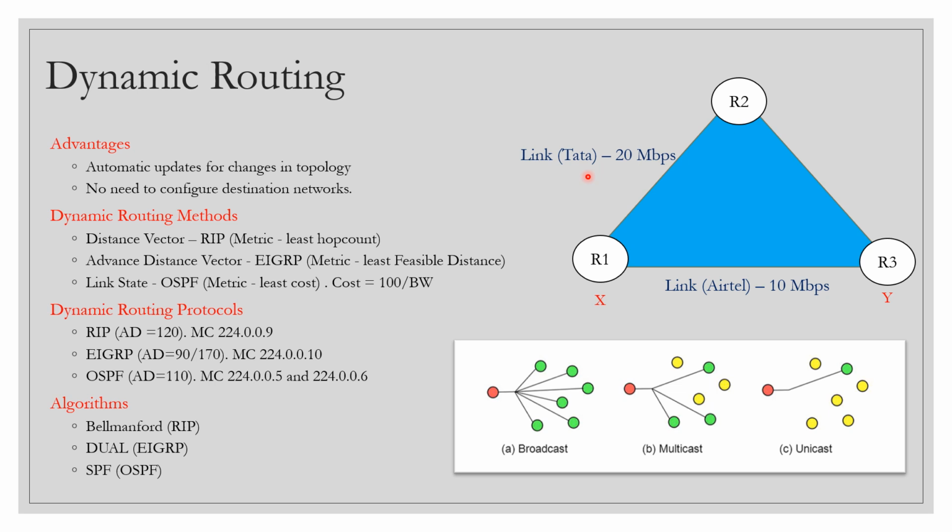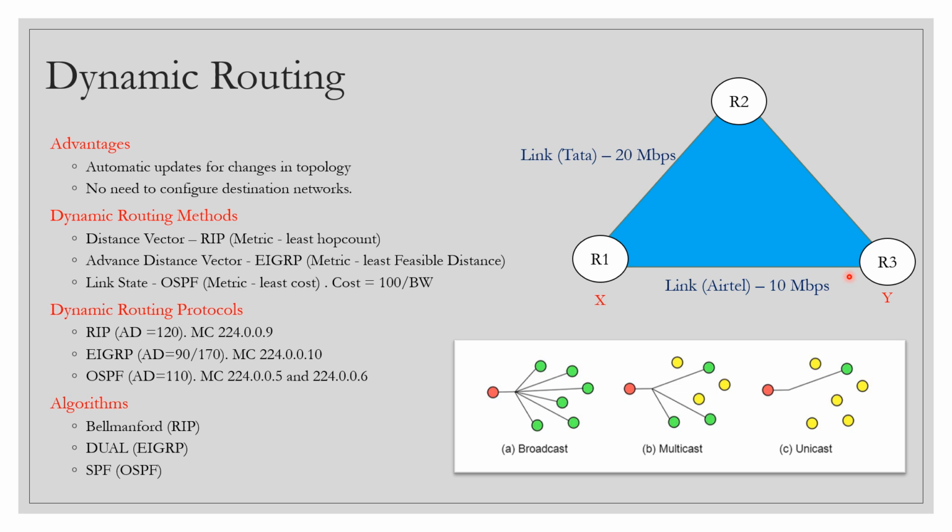Now, if I look at RIP, RIP will choose the path through Airtel, because it depends on least hop count. Though at first glance you see that the speed is higher on the Tata link, 20 Mbps, RIP will still pick the R1 to R3 link through Airtel because its metric is based on least hop count.